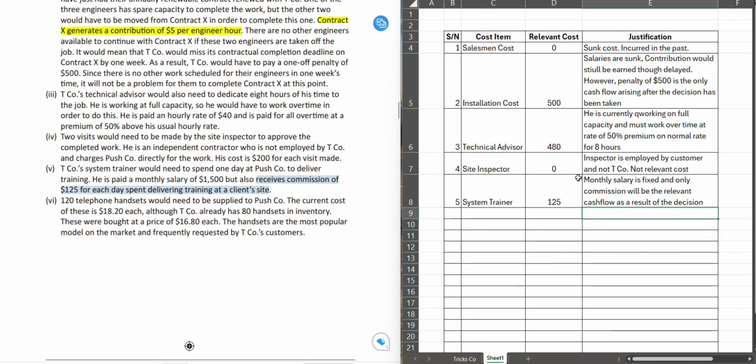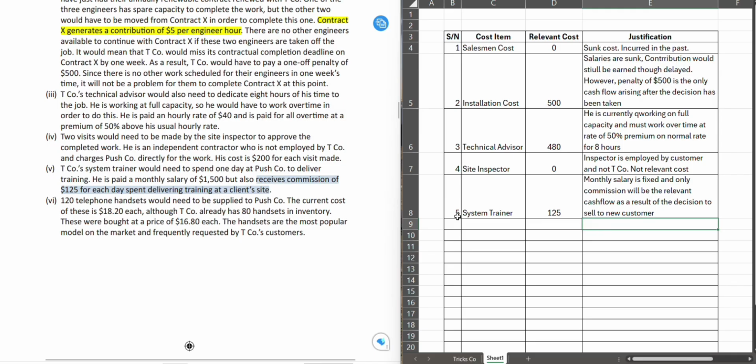And what's the decision? Let's complete it. Decision to sell to customer, to new customer. To make it very clear.